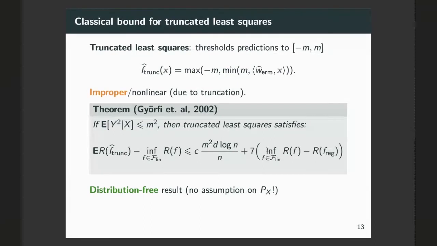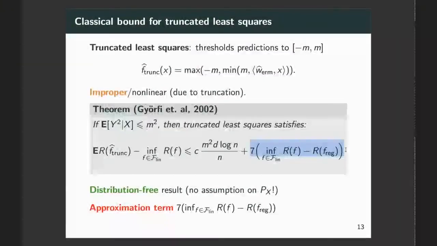But on the other hand, there is an issue, which is that there is an approximation term here. So there is this additional approximation term, which means that I can only be close to the best linear function. So this excess risk can only be small when the true regression function is itself almost linear.